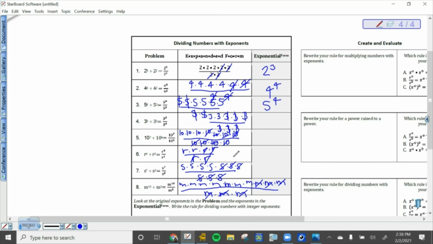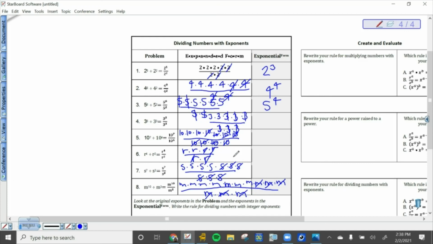So I'm talking about all these in general. We're writing a rule for dividing exponents. So 5 what 2 equals 3, Jasmine? Yeah, 5 minus 2 equals 3. 6 minus 2 equals 4. 5 minus 3 equals 2. So this exponent minus the other exponent gives me the final exponent.